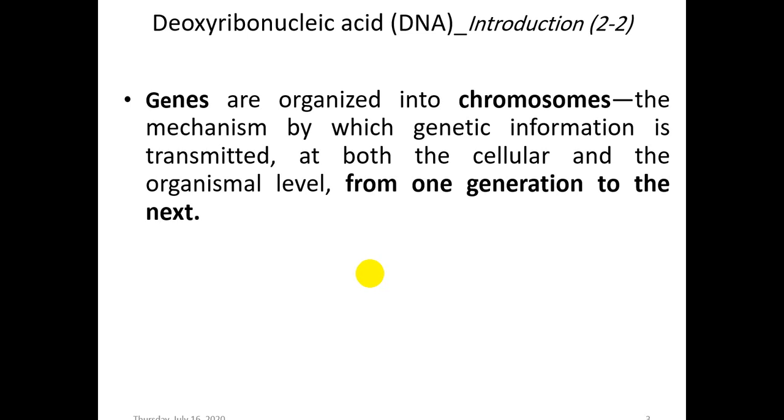Since the information is stored in the genes sitting in the chromosomes, you remember how during cell division they will divide into two daughter cells. Then in meiosis you reduce it to half in the sperm, half in the ova, then the fertilization. So the information is transmitted from one generation to the other.